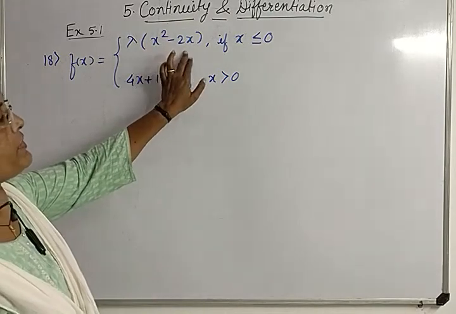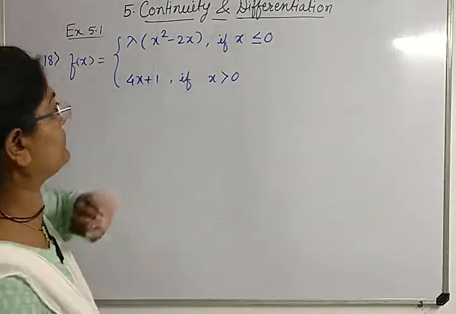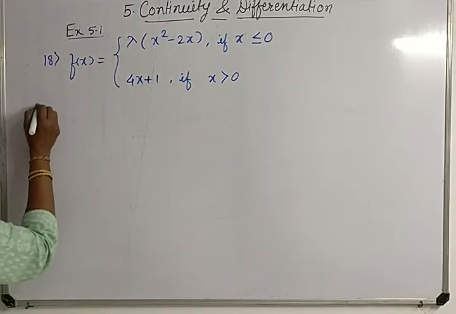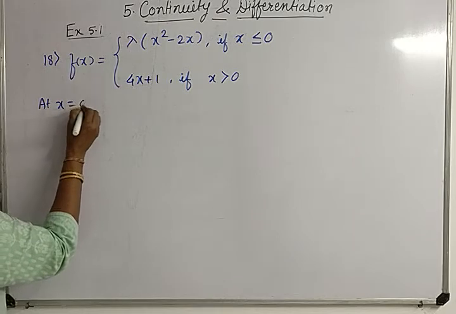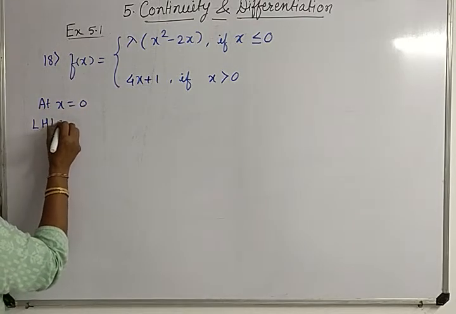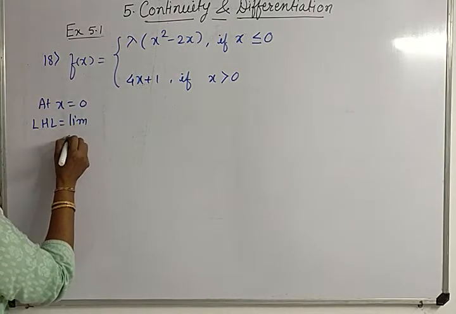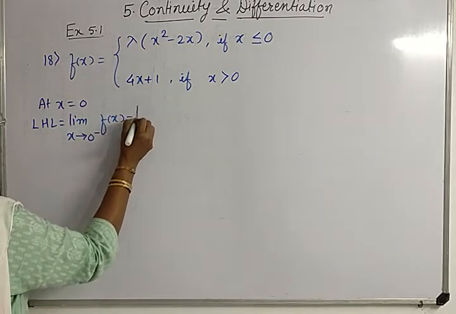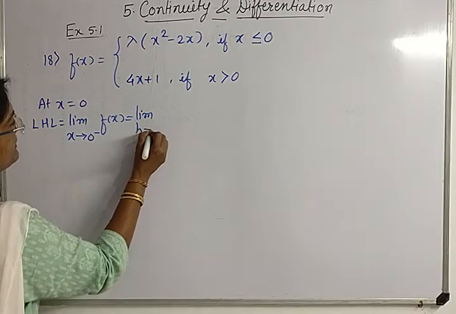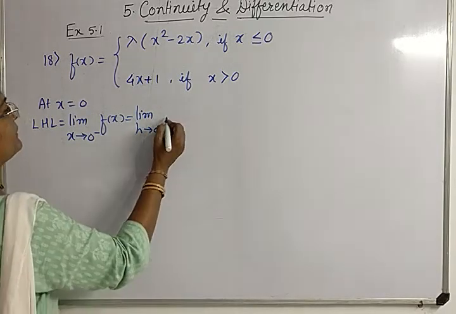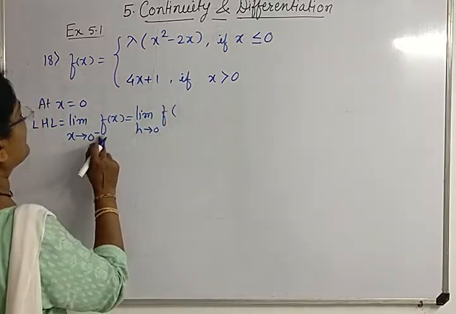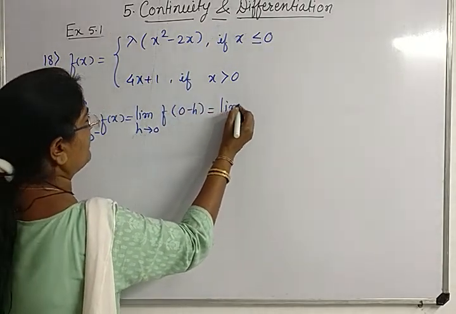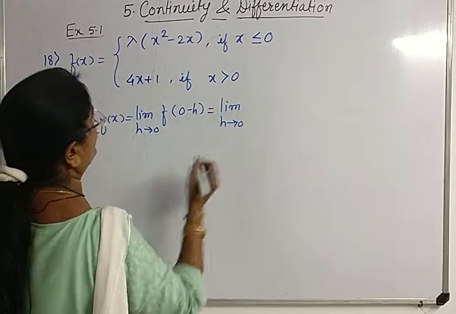It is given that the function is continuous at x equal to 0. Continuous means left hand limit equal to right hand limit. So at x equal to 0, left hand limit equal to limit as x tends to 0 negative of f of x equal to limit as h tends to 0 of f of 0 minus h, equal to limit as h tends to 0.